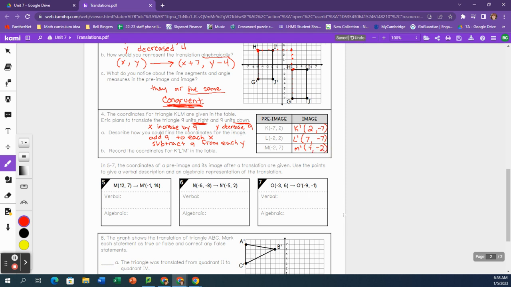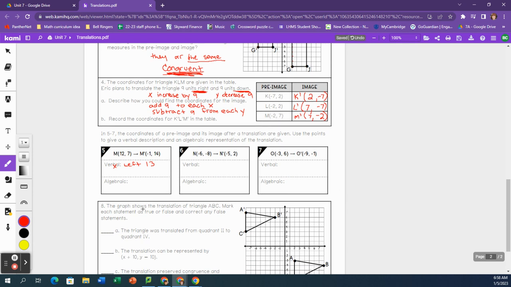Okay? So let's give the verbal and the algebraic. So the verbal is we go to the left, X is left 1. No, not 1. How did we go from 12 to -1? So we went to the left, but we went 13. Left 13. Or you could say decreased by 13.